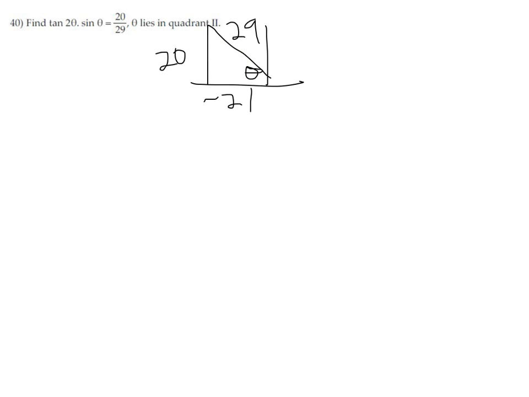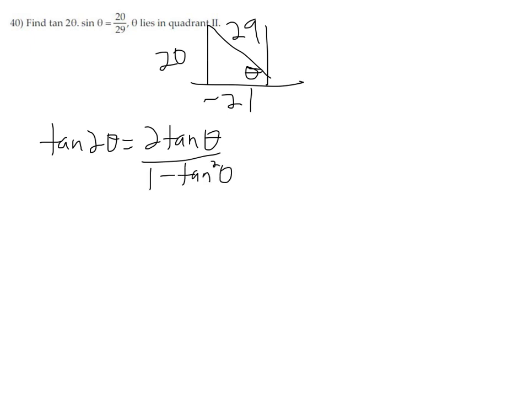So now we get into tangent double angle. If you've forgotten the tangent double angle formula, one thing you could do is go to sine double angle over cosine double angle. Or you could remember the tangent double angle formula. That's your choice. The tangent double angle is tangent 2 theta equals 2 tangent theta over 1 minus tangent squared theta.